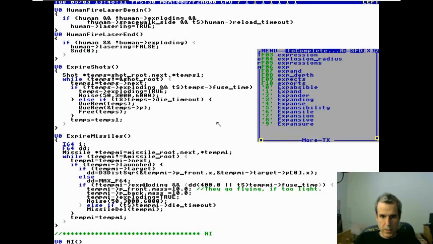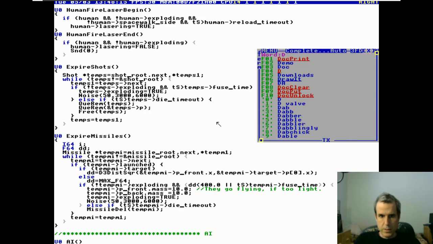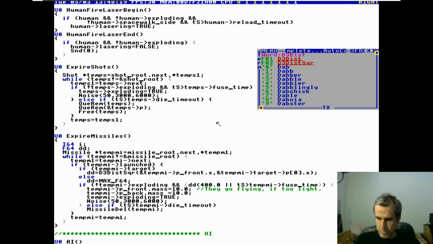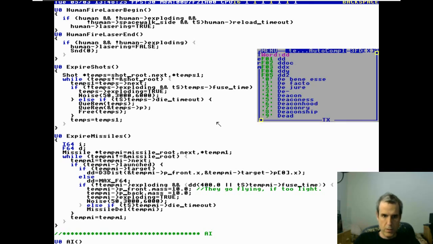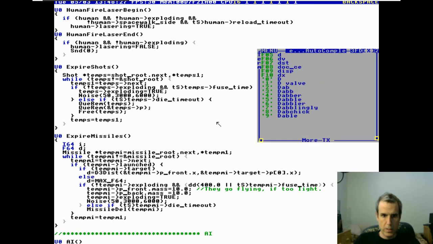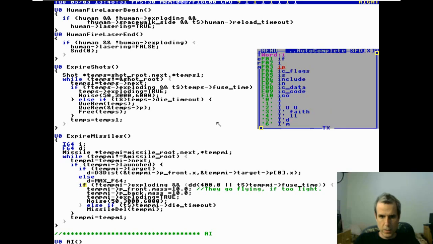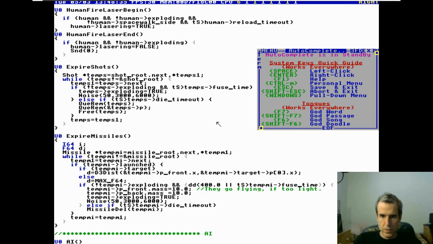It is not exploding. Distance squared. Why don't you just do distance? Distance. If target distance is less than 20.